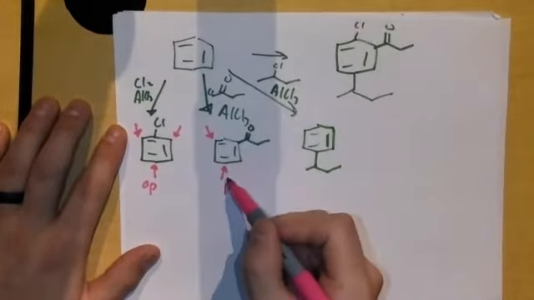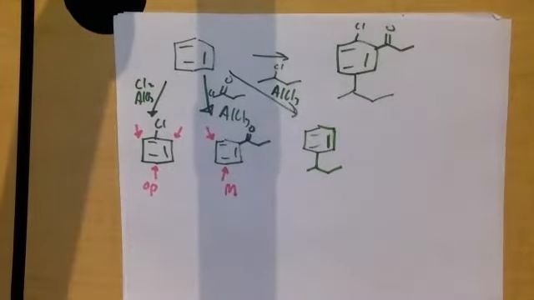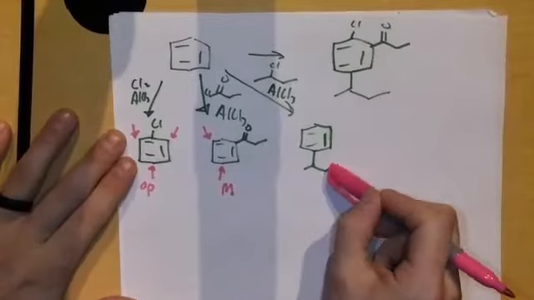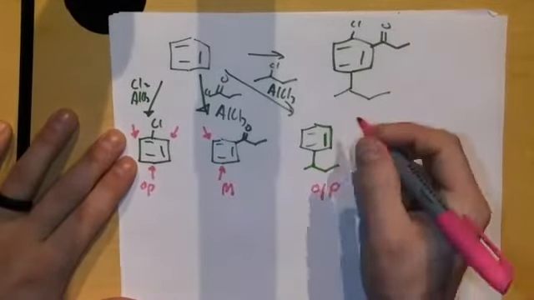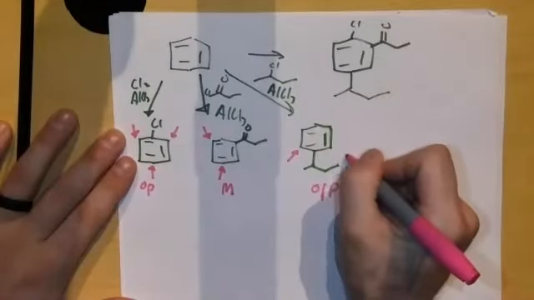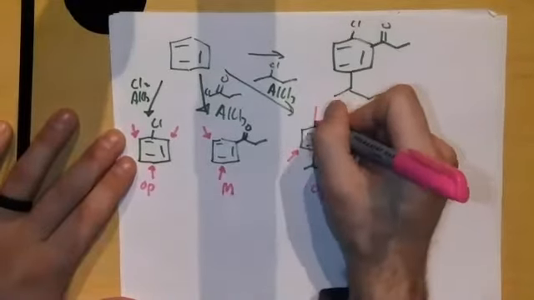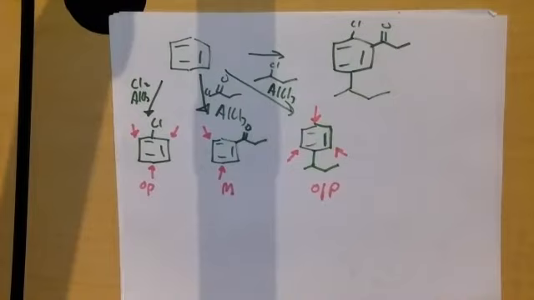We need to put something here, so that makes sense. And we have this alkyl one, which is also an ortho-para director, it's group 3. So let's start with this alkyl one.